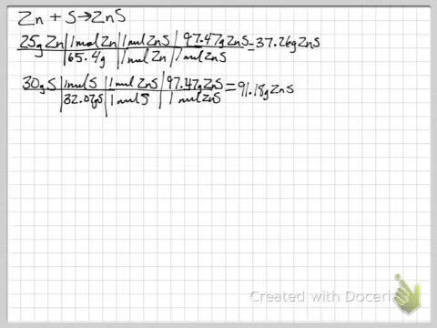This means that zinc is not only our limiting reactant, but we'll only be able to produce 37.26 grams. Now, the last step says how many grams of the excess reactant will remain after the reaction is over. So this may be a situation where we wanted to continue the reaction, and so you may just add more of the limiting reactant to see how much would be there and how much is present.